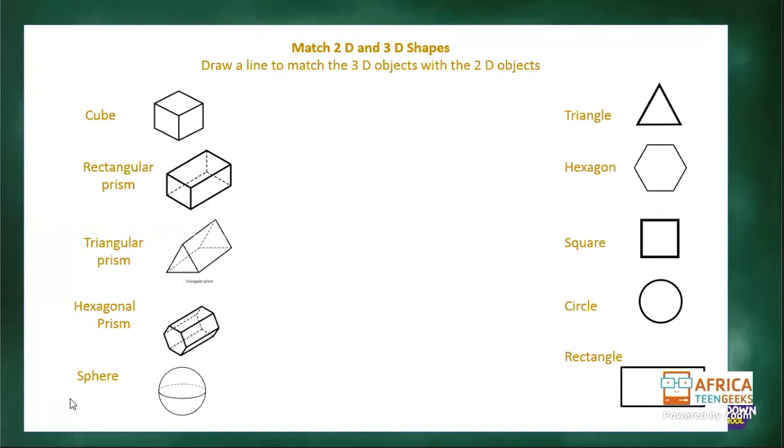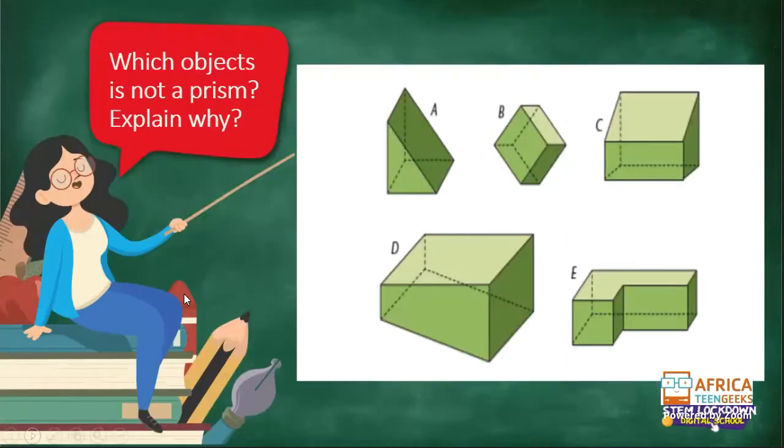All right, let's move on to our next slide. So we're looking at this one. Which object is not a prism, and explain why? Remember on our first slide, we did explain what a prism looks like, right?